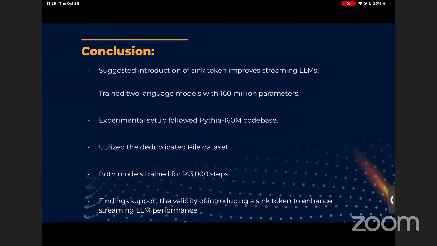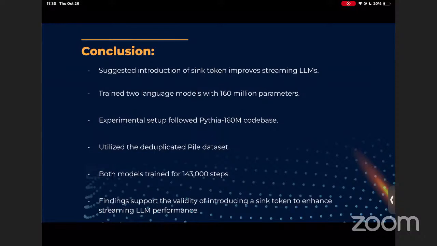Okay, to wrap up, the paper suggested a new mechanism, which is attention sink, that improved the streaming LLMs without sacrificing the performance. They trained the two language models to state their proof. They used the same settings for the Pythia 160 million model.